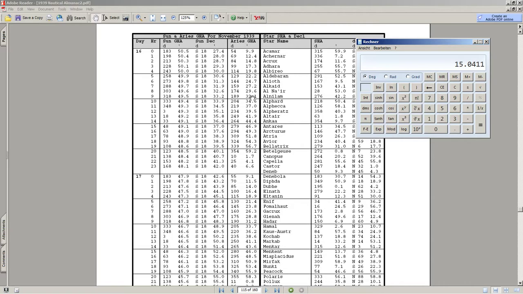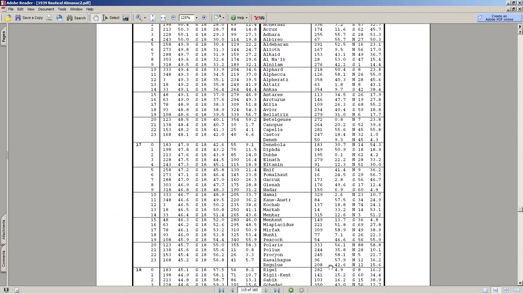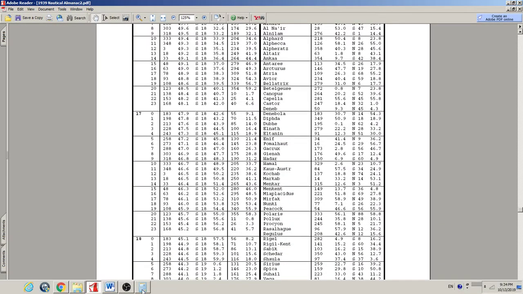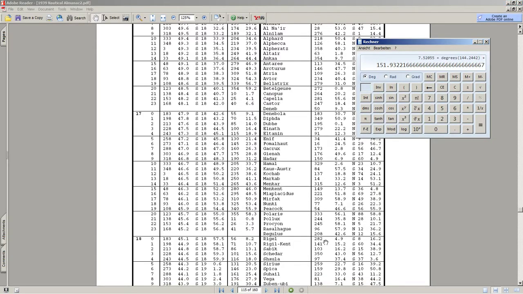Let's just divide by 2 because we know 30 minutes. Plus, and we find 0.6144.2442. Convert that. Plus, now we find Regulus. We go down here, there's Regulus right there. We find the SHA of 208.4236.